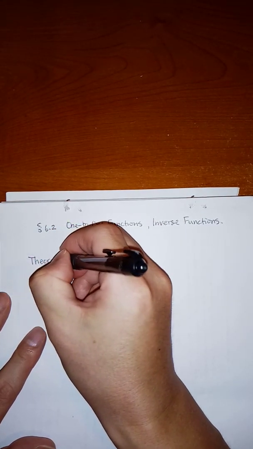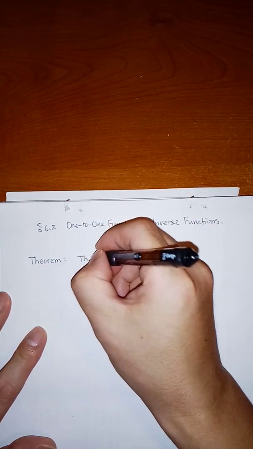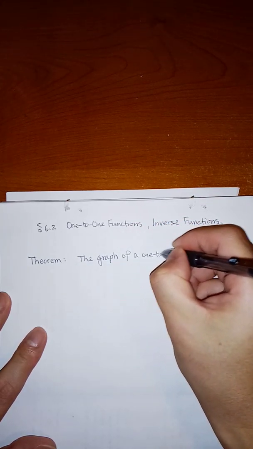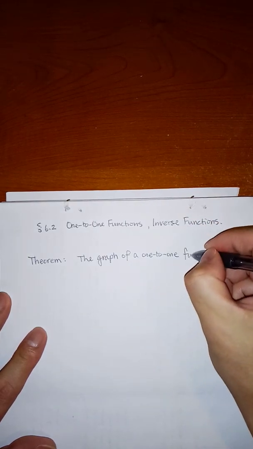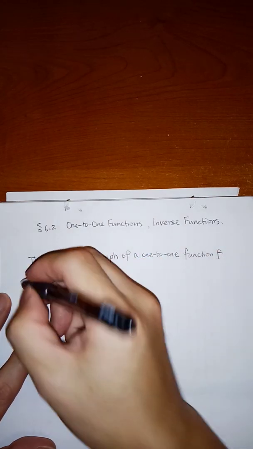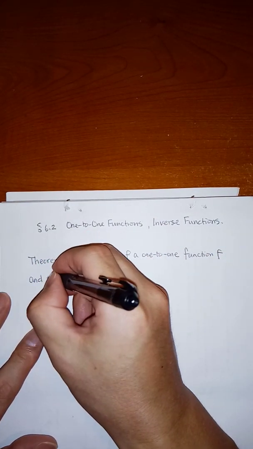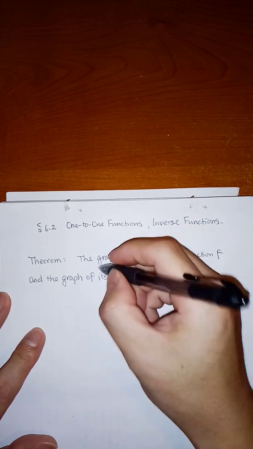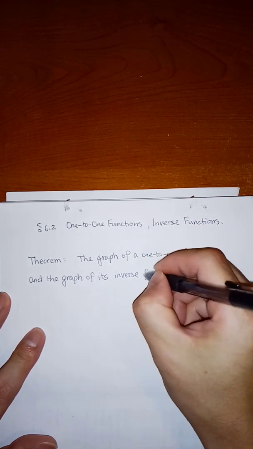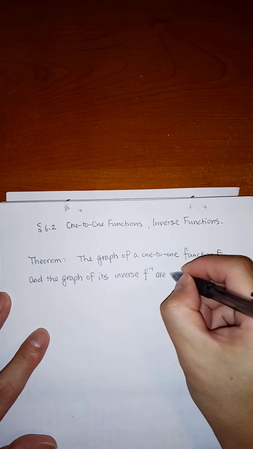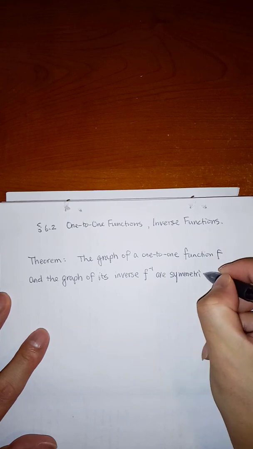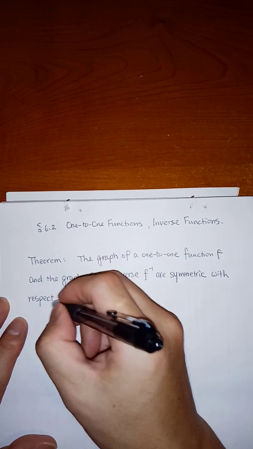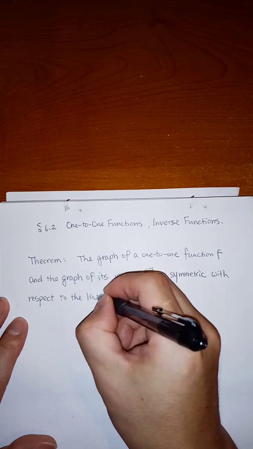So first, the theorem. The theorem says the graph of a one-to-one function f, and it is one-to-one, so it has an inverse, and the graph of its inverse f inverse are symmetric with respect to the line y equal to x.